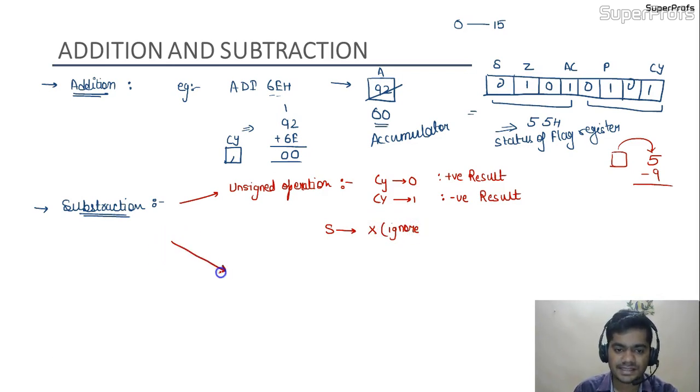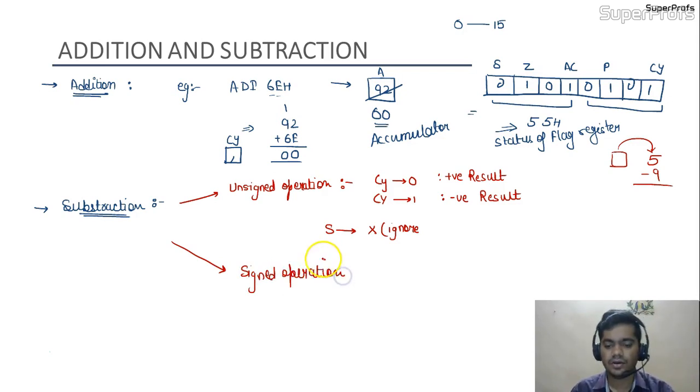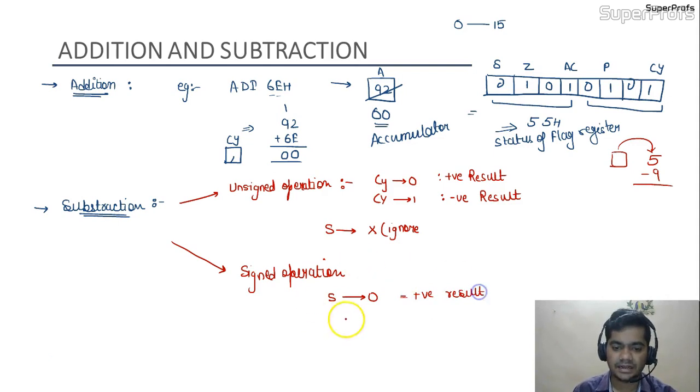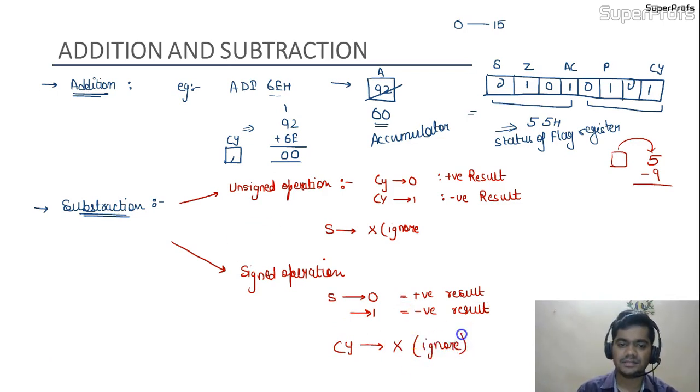Okay, now for signed operations: for signed operations, S, that is sign flag, would be 0 for positive result and 1 for negative result. Okay, and carry flag would be ignored. So this is the difference between unsigned operation and signed operation.